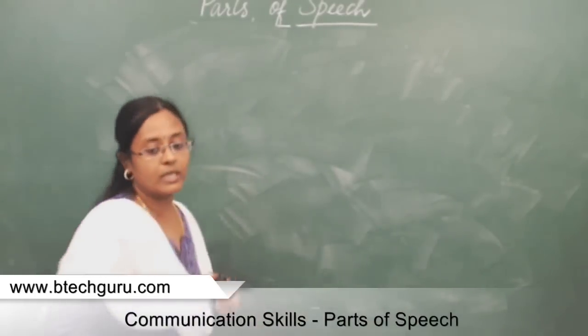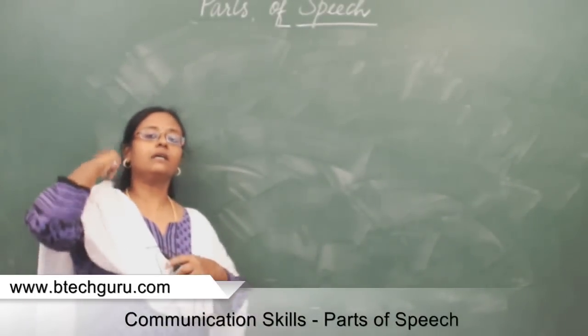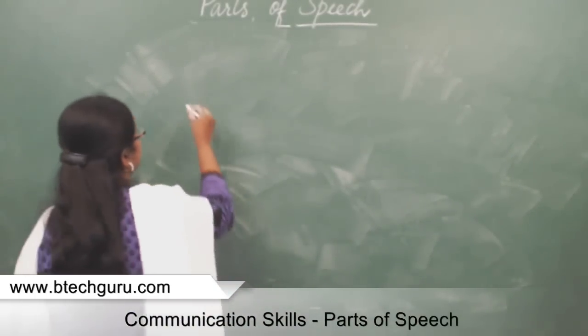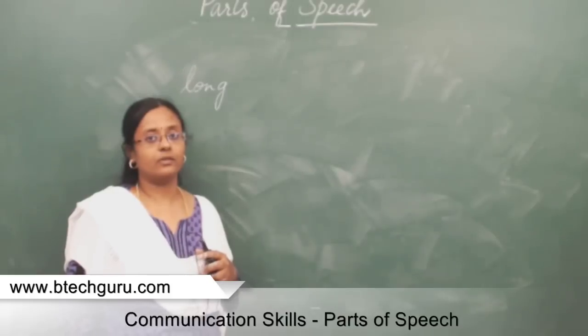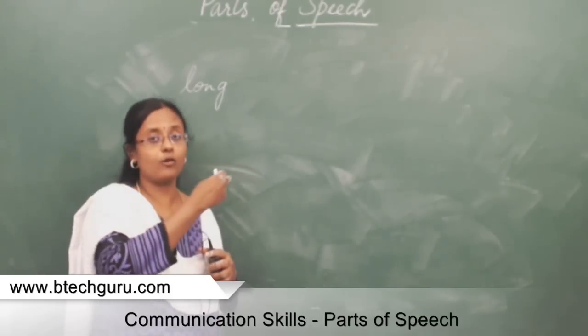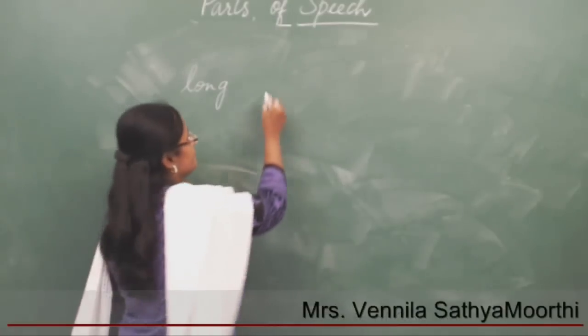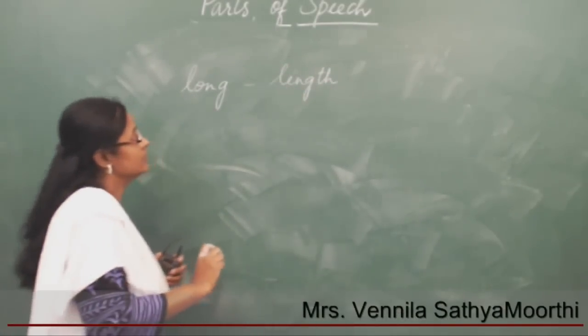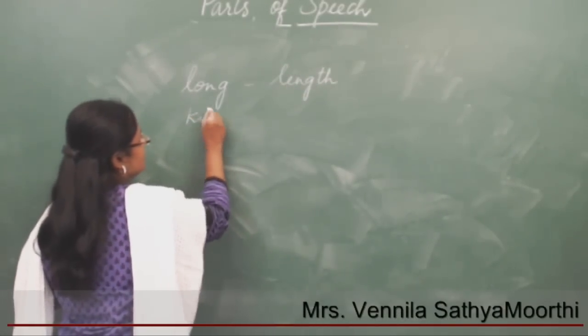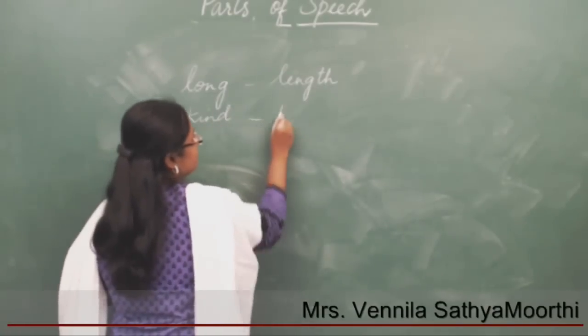And it's also a good exercise if you take a particular word like long. You see, long is an adjective. Now think of the noun form of this. It's length. Kind is an adjective.